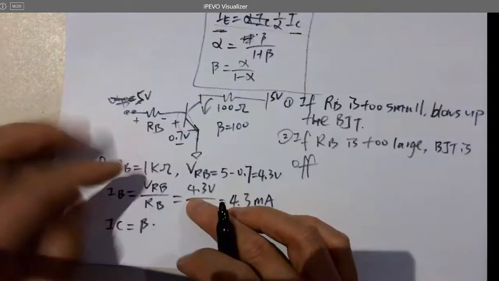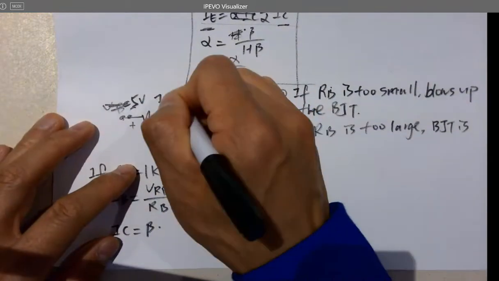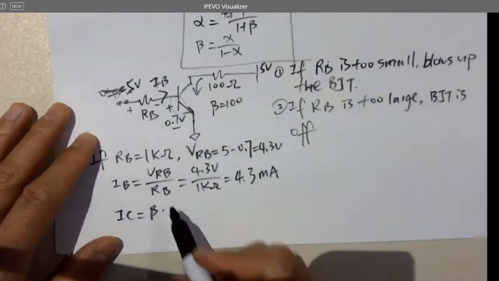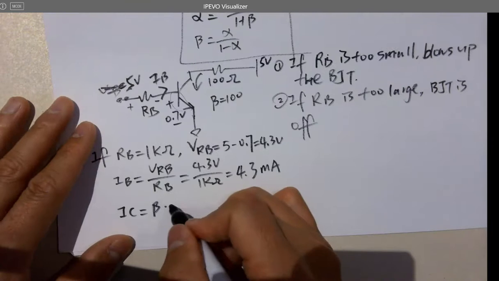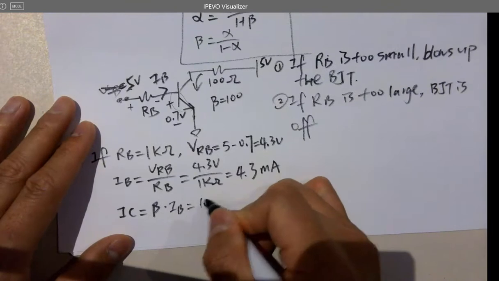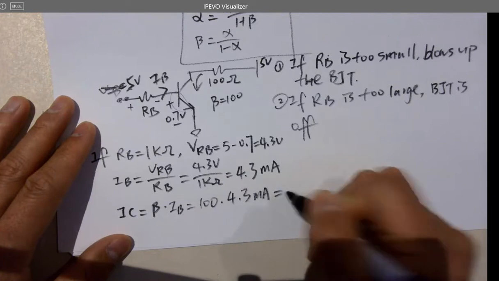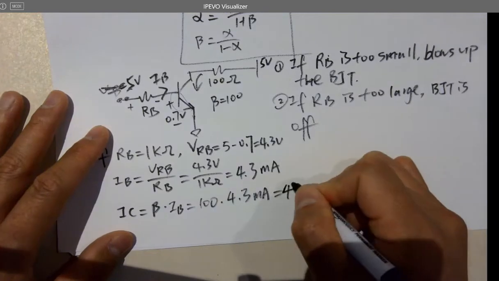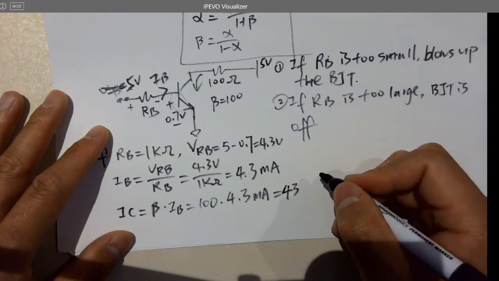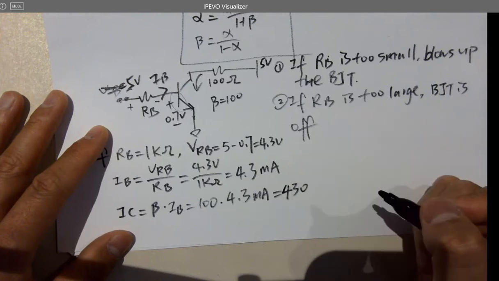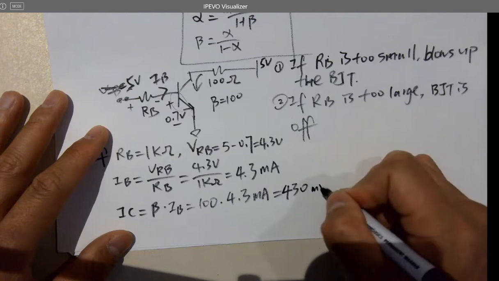Whenever you inject that IB in here, it's going to be amplified by beta times. So IC equals beta times IB, which is 100 times 4.3 milliamps, and it's going to be 430 millivolts. Is that correct?